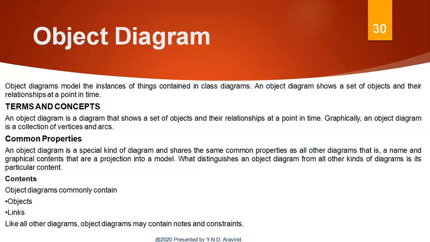The object diagrams commonly contain objects and links. Here it links all other diagrams, and object diagrams may contain nodes and constraints. Sometimes we want to place classes in our object diagram, as well as visualize the classes behind each instance.